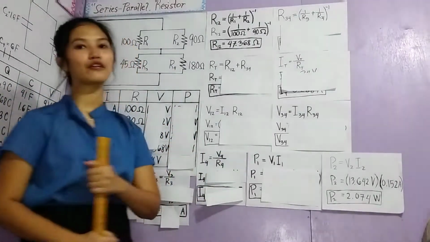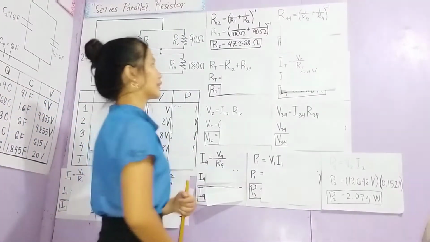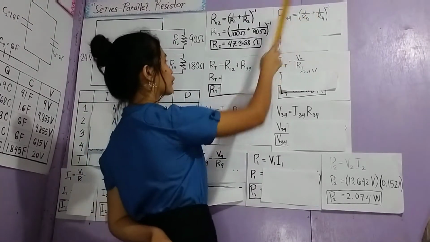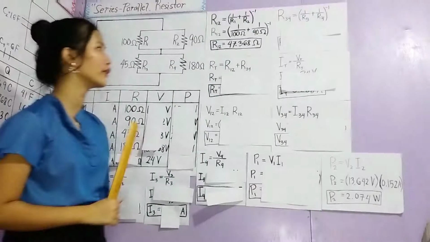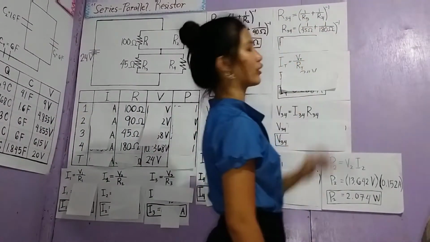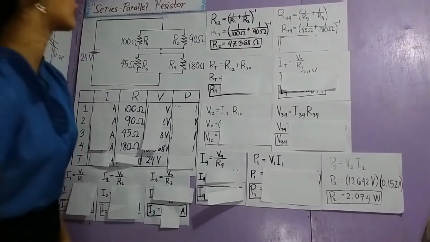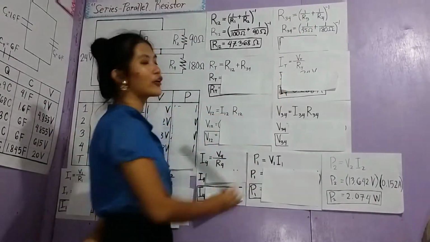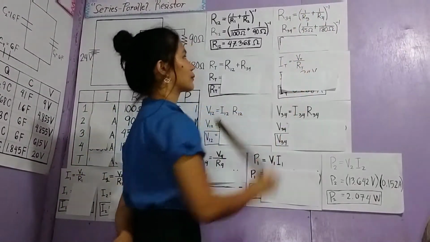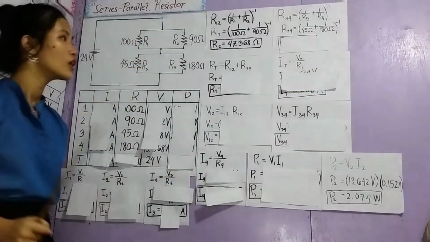So we're going to find for the R34 next. So using the same formula, we have 1 over R3 plus 1 over R4 times negative 1. Put the given value first. So we have 1 over 45 ohms plus 1 over 180 ohms times negative 1.